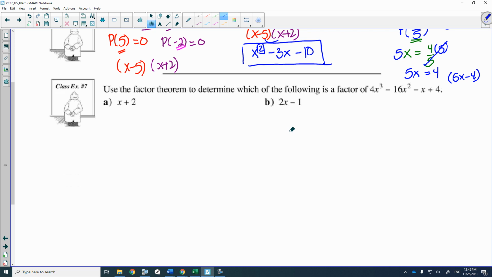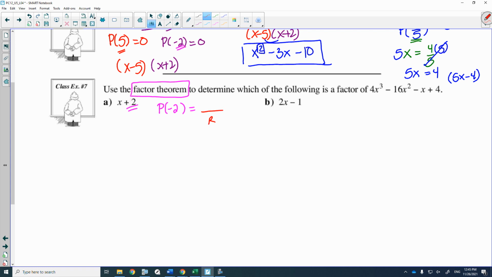Class example number 7. Use the factor theorem to determine which of these two is a factor of this polynomial. So I'm actually going to show you a quick way to do this. Remember that the factor theorem basically states that if you take your polynomial and input the root of the divisor, so this would be negative 2, whatever your answer is, is the remainder.